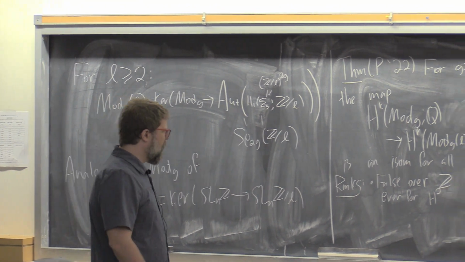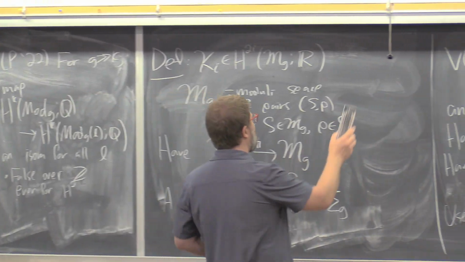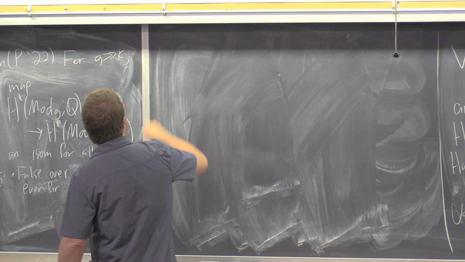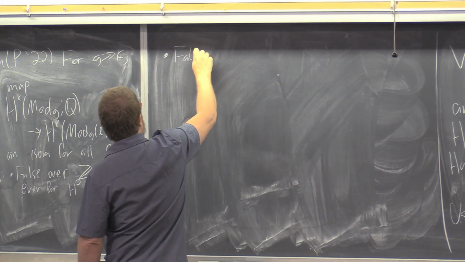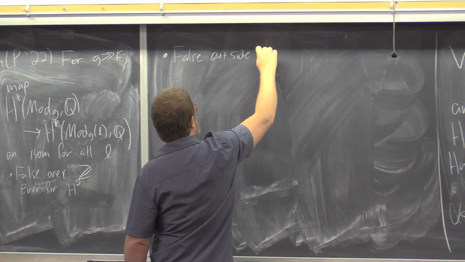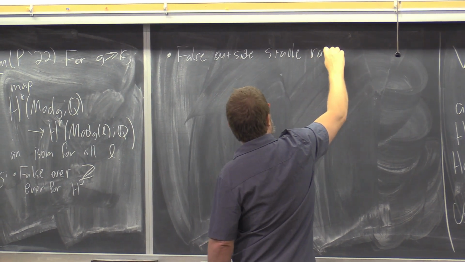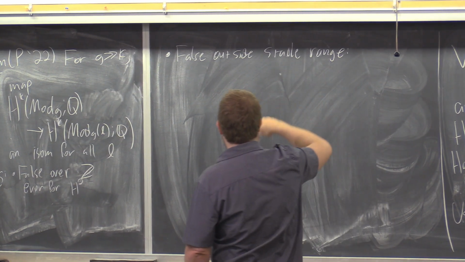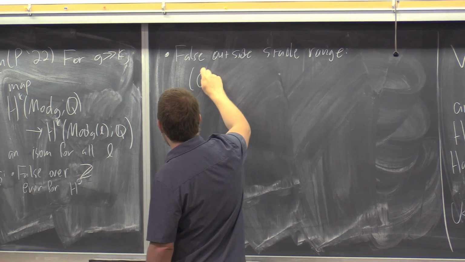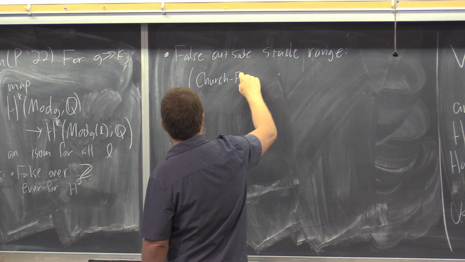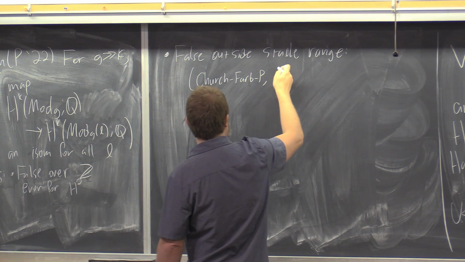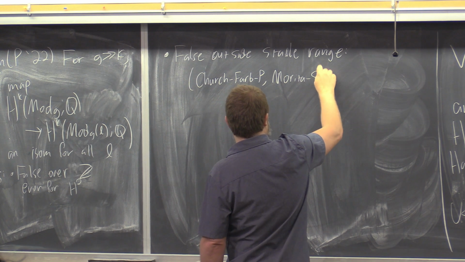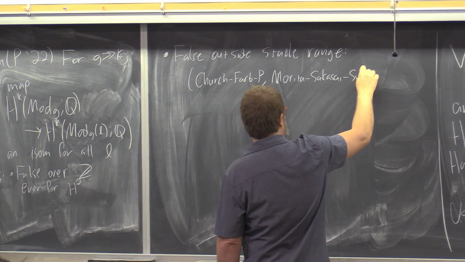It's false over Z. Another statement is that it's definitely false outside the stable range. Remember, I talked about the cohomology of SL_N(Z) last time. It turns out that there's a theorem that was proved independently by Church, Farb, and myself, and also by Sakasai and Suzuki.